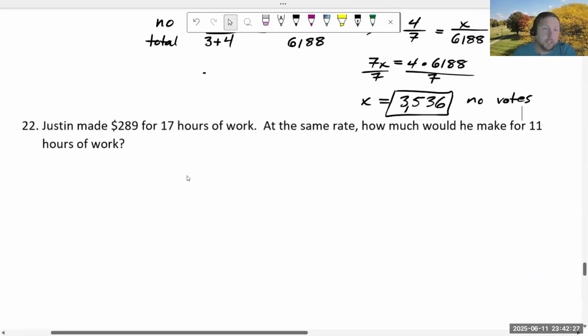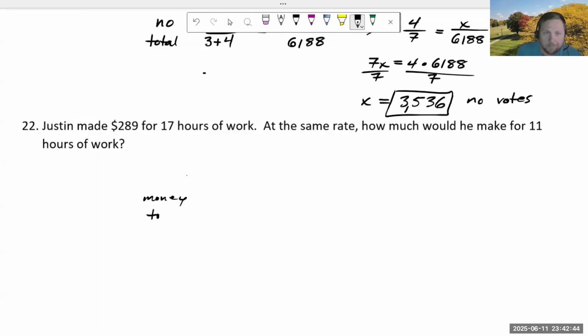Okay, Justin made $289 for 17 hours of work at the same rate. How much would he make for 11 hours of work? So we have money and time. And I'm just going to set up a proportion. So I have $289 for 17 hours.